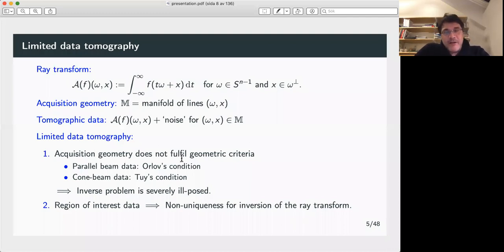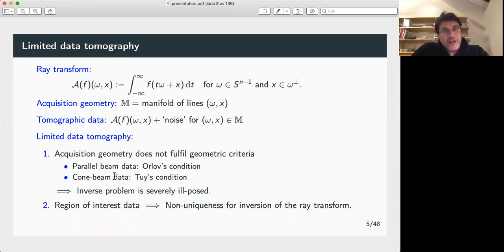And you can actually determine geometric criteria for this manifold of lines so that you don't get this. In the case of parallel beam data, it's called the Orlov condition. For cone beam data, where the radiation is a point source and it's essentially like a cone beam exposure, it's called the Tuy condition.